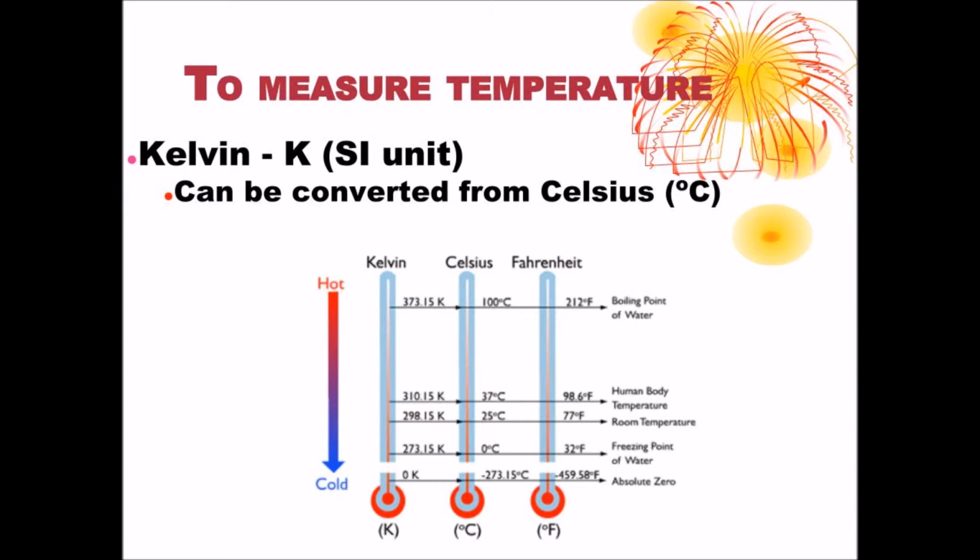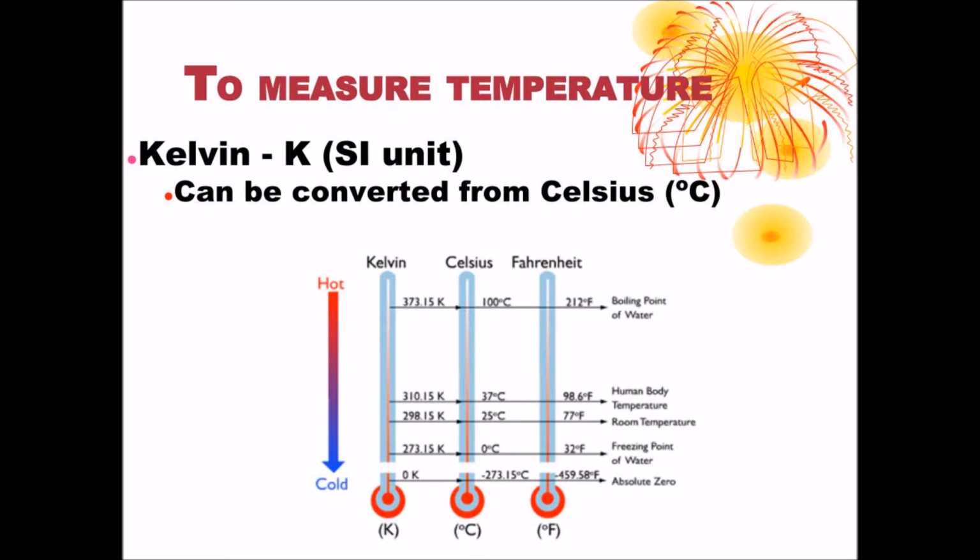The SI unit for temperature is the Kelvin. That's a capital K. However, because the numbers are so large in Kelvin, in the lab, we generally use the Celsius scale. The Celsius scale's abbreviation is the degree sign and a capital C. In the United States, we use Fahrenheit on a daily basis. We will never use Fahrenheit in the lab.